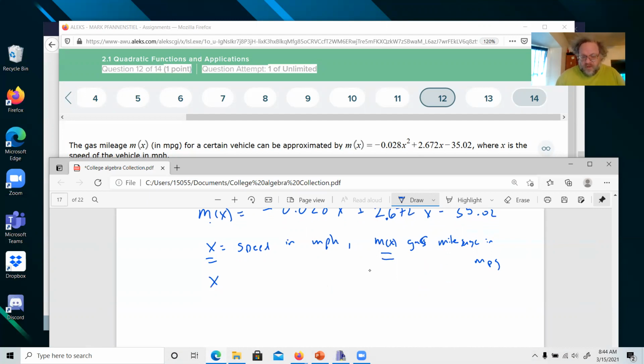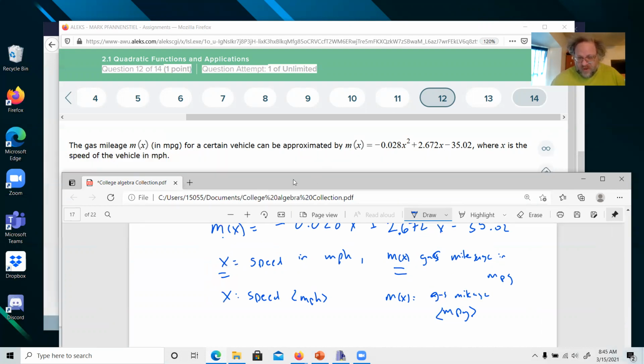A lot of times I'll do it this way: x is equal to speed, and I'll put miles per hour here, and then m of x, this is gas mileage, and this is miles per gallon. All right. So when they start asking questions about different things, it's always nice to go back and refer to what they are asking. What are my answers going to look like?